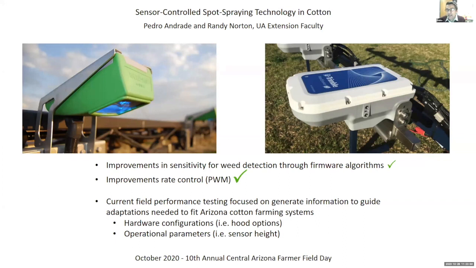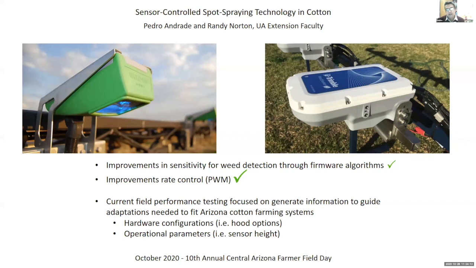And nowadays we have much improved rate control. If I were to mention only one case, that is pulse width modulation. These systems enable pulse width modulation very easily, and it's great for speed compensation and variable rate as well.